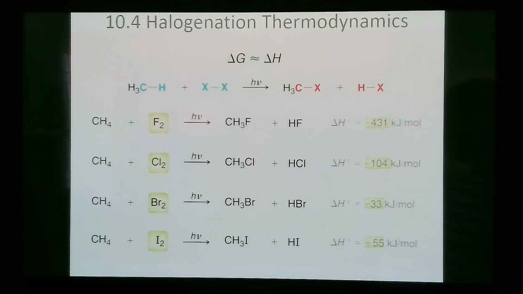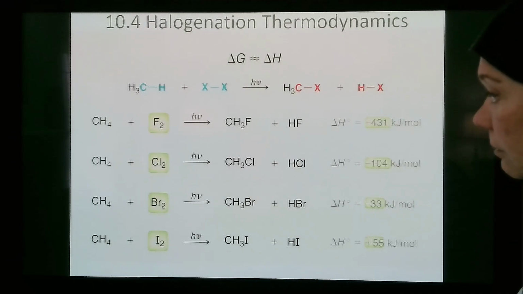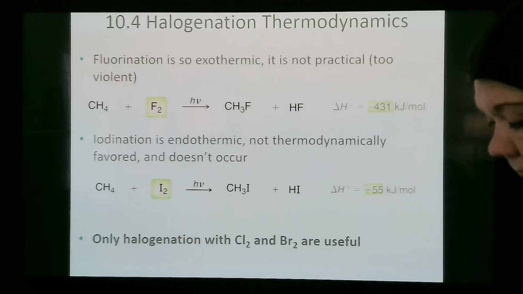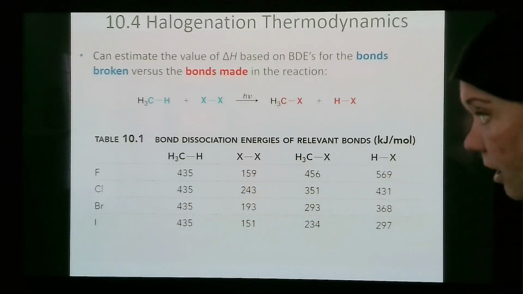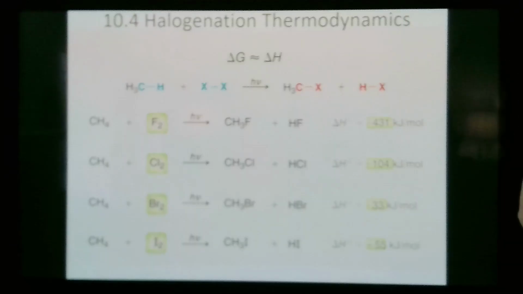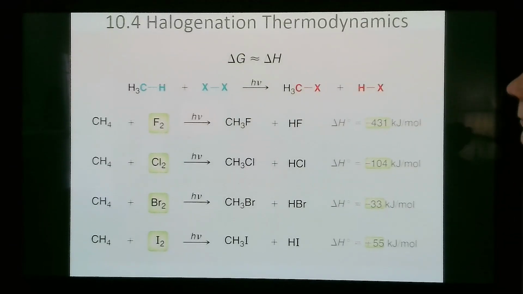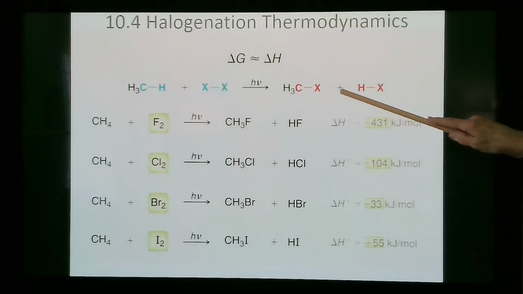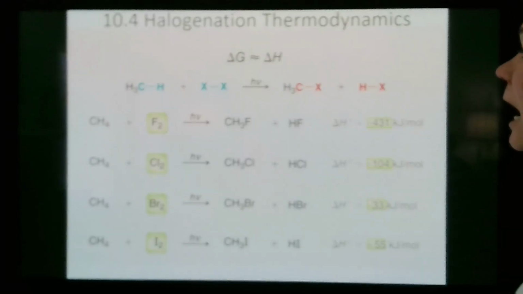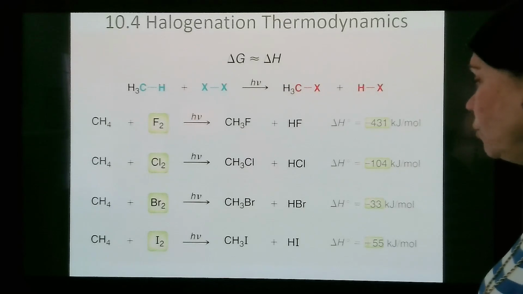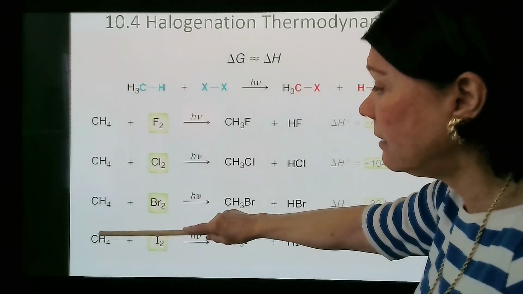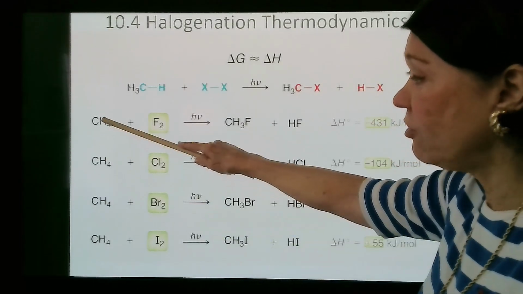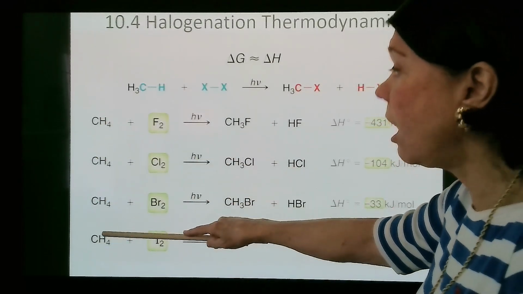So that's what's calculated here using the values from this table. And so it's shown here for you. This is the exact same reaction that you saw on the previous slide. And so here you can see that you have the methane, where the bond dissociation energy, the carbon and hydrogen bond, is not going to change.